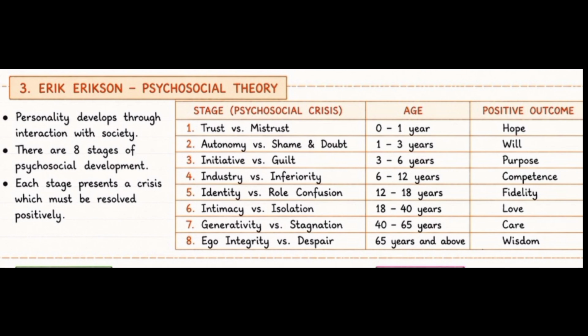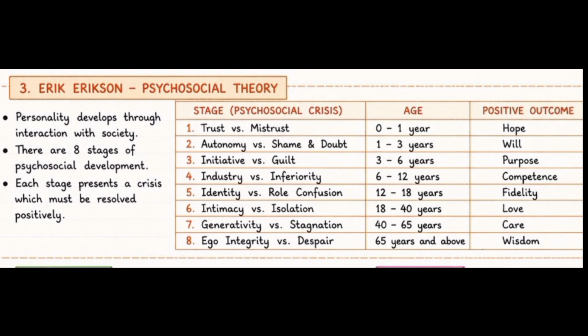Hence, this theory is called psychosocial development. According to him, human development and personality are characterized in 8 stages, and these stages are called psychosocial stages rather than psychosexual stages. He believed that development in human beings is a continuous process.